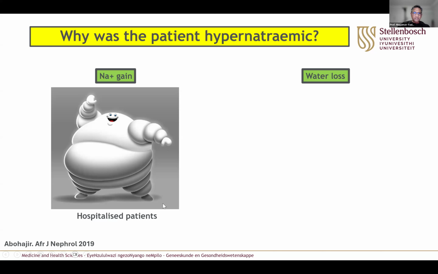Now, we typically see this more in an ICU setting, where the patient usually receives lots of isotonic and hypotonic fluids, and these fluids result in sodium gain along with fluid overload, ECF volume expansion, edema, etc. Typically seen in hospitalized patients in the ICU.